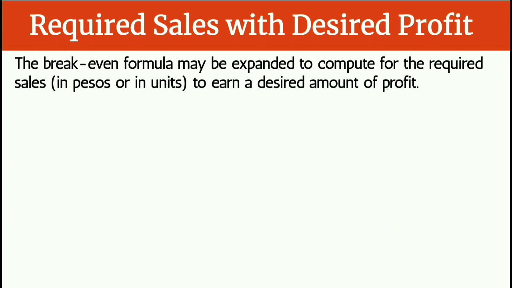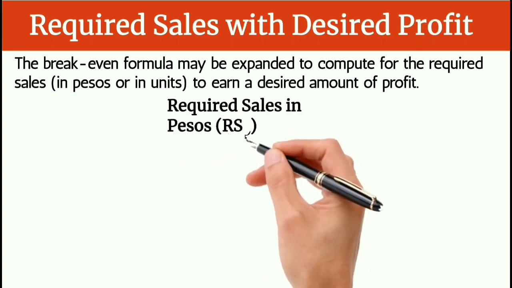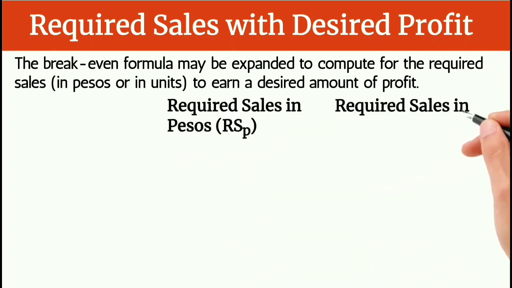So, pwede pa nating i-expand yung formula ng break-even point in pesos at break-even point in units para makompute yung required sales in pesos at required sales in units. Ang ibig sabihin ng required sales in pesos ay ilan ba yung sales in pesos para ma-achieve yung desired amount of profit o para ma-achieve yung target profit.